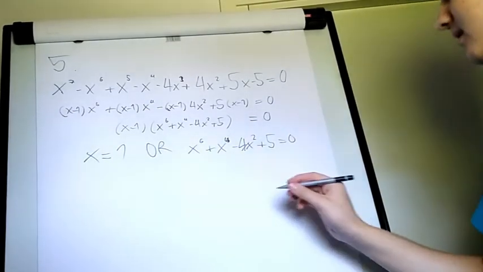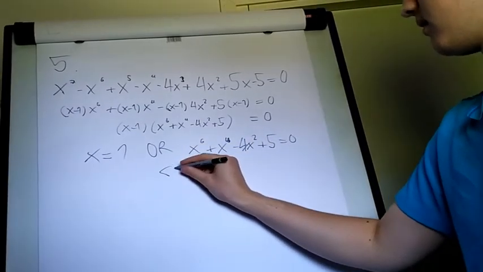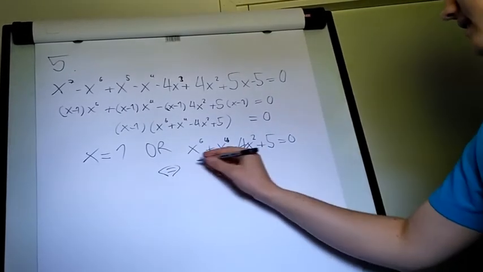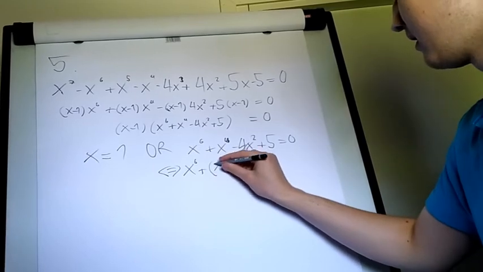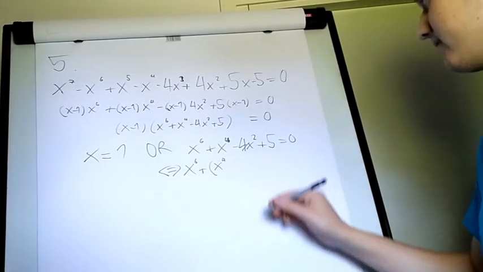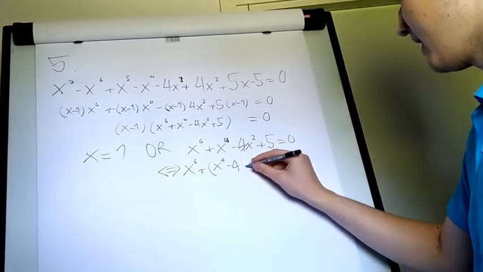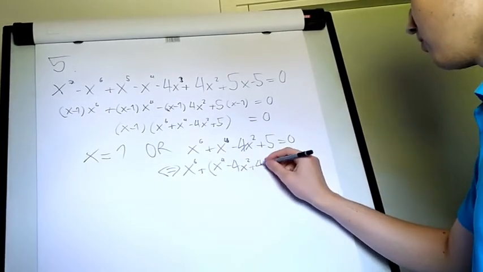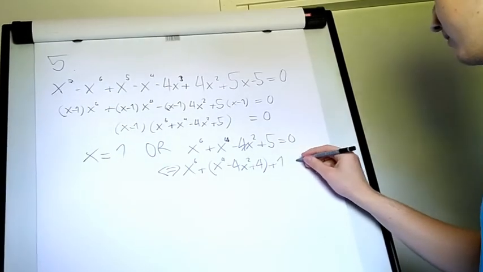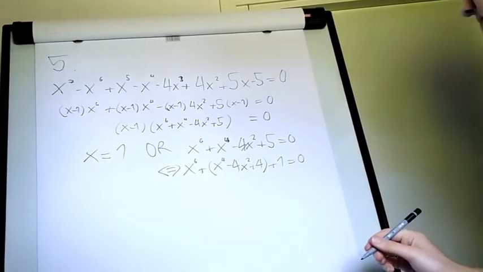How do we do that? This also means that x to the 6th power plus, I'll write this in parentheses just to make it clear, x to the 4th power minus 4x squared plus 4, plus 1 would equal 0.